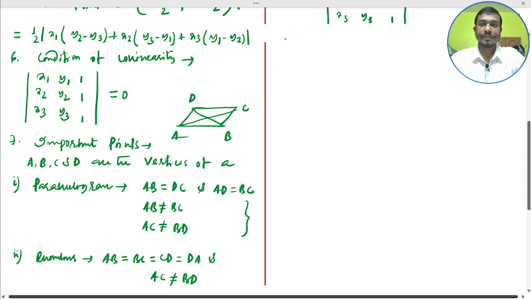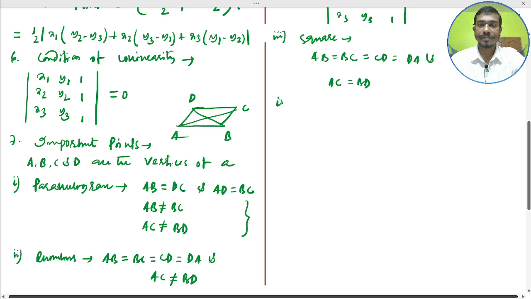Next, the square. Square means all four sides are equal and the diagonals should be equal. That is, AB equal to BC equal to CD equal to DA and AC equal to BD.